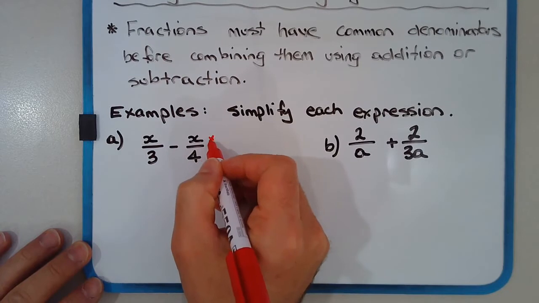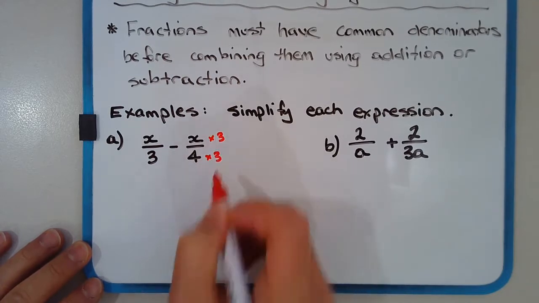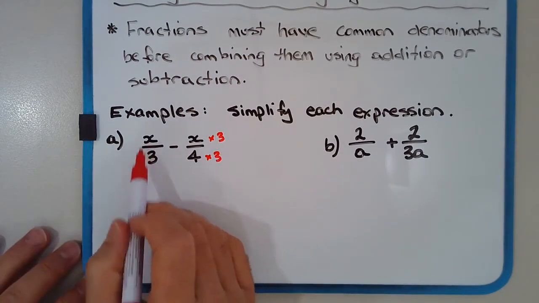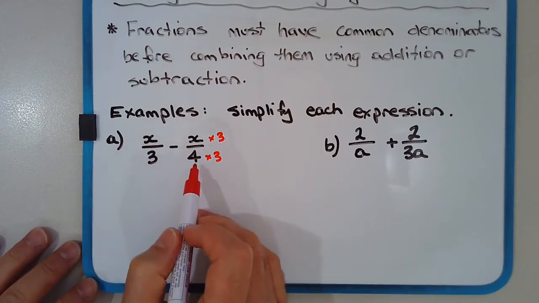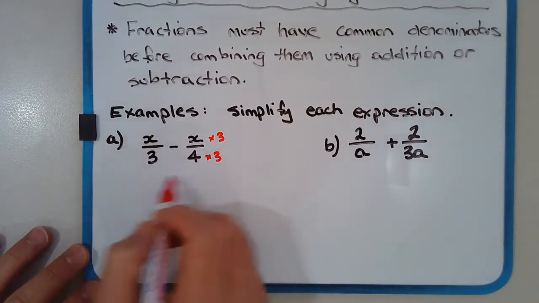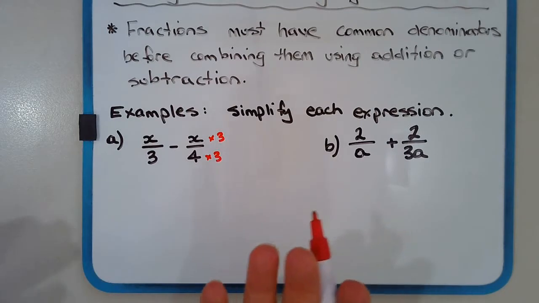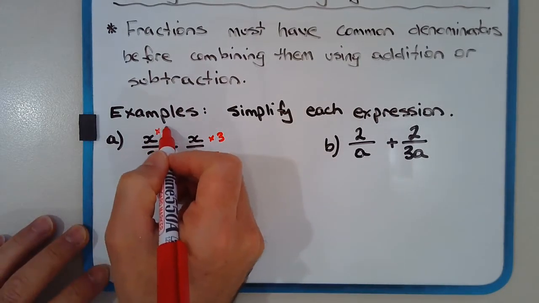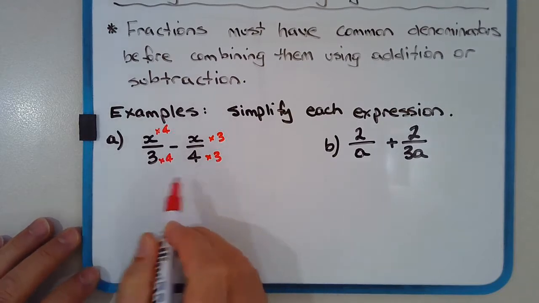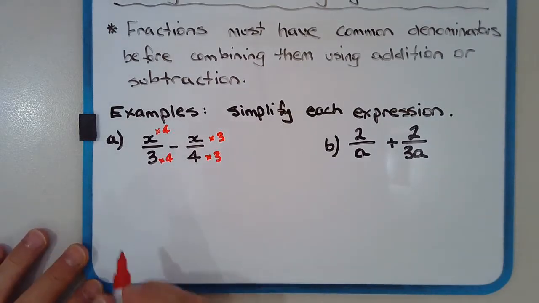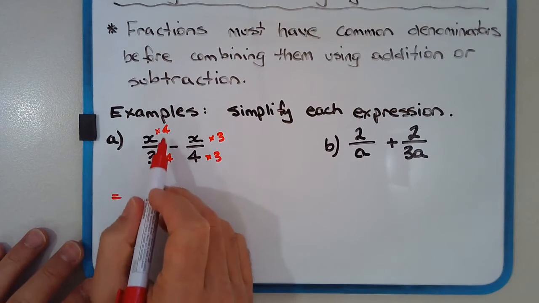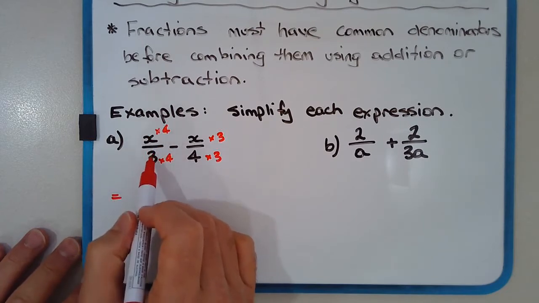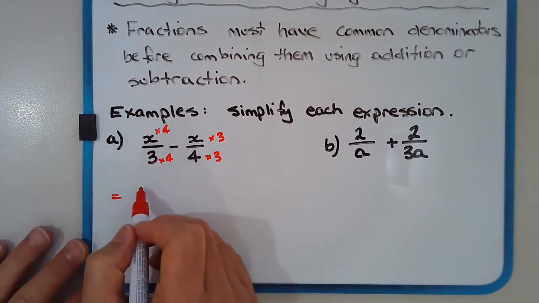So if we multiply top and bottom by 3, and the first fraction, multiply top and bottom by the denominator of the second fraction. All this is just so we can have equivalent fractions where the denominators are identical. So if you multiply top and bottom here by 4, you're going to end up with two fractions with a denominator of 12. So the first fraction, the equivalent fraction 2x on 3 is going to be 4x on 12.